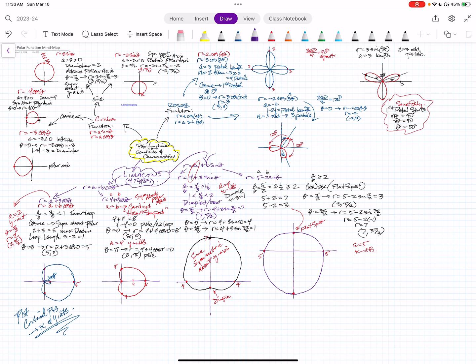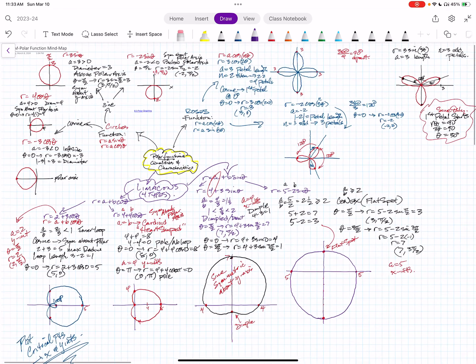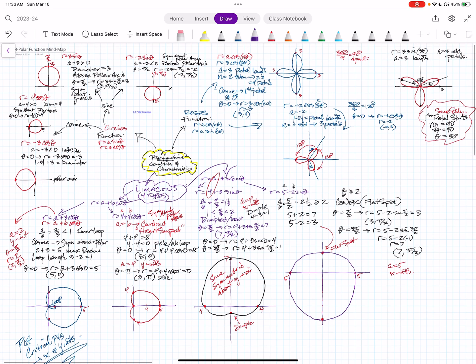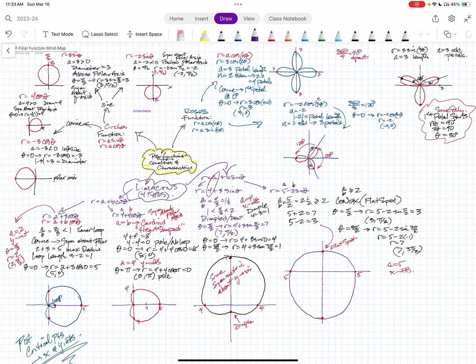You have to do, and you have to write, and you have to be able to explain it to your classmates easily so that anybody listening to you understands what you're saying. And you have to be able to generate this, and substitute angles like 0, pi halves, pi, and 3 halves pi to get your intercepts and your maximum and minimum lengths.